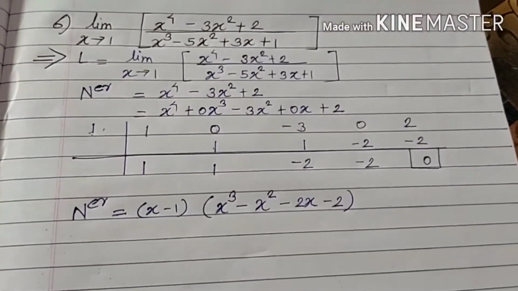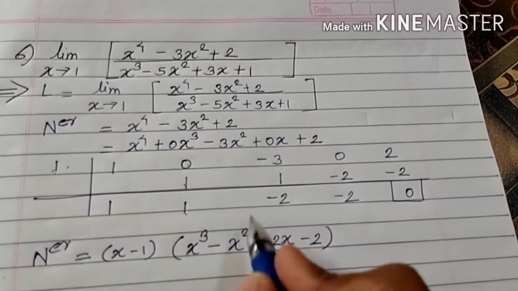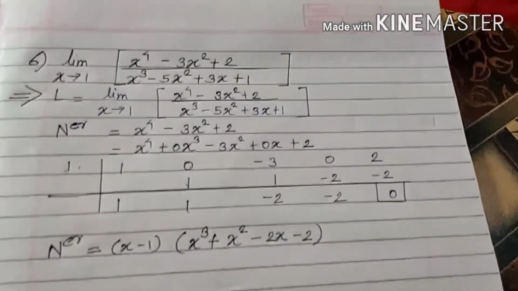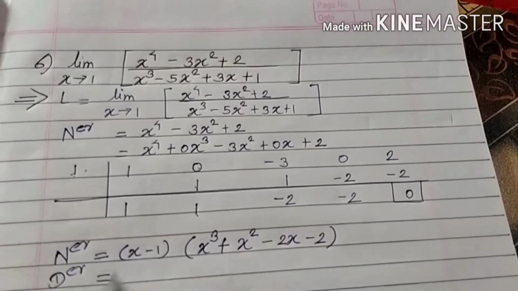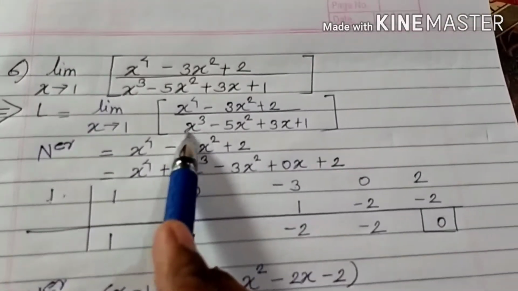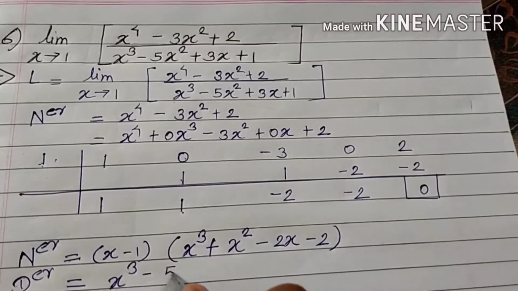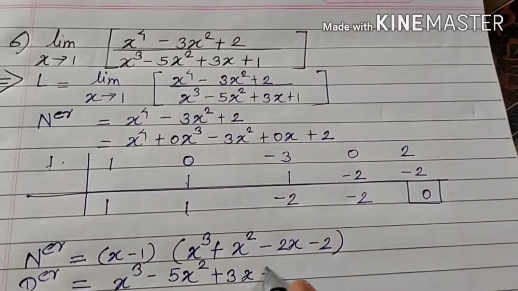So this is our numerator. So here is one mistake, it is plus 1, so write plus here. Okay. Now we move towards finding the denominator. What is our denominator? This is our denominator: x cube minus 5x square plus 3x plus 1.